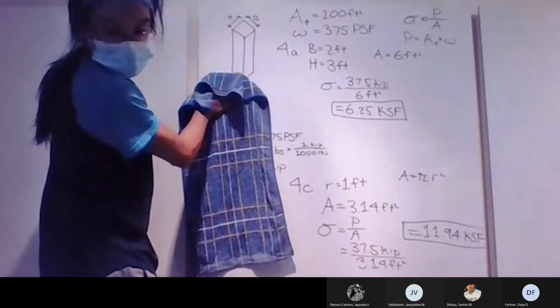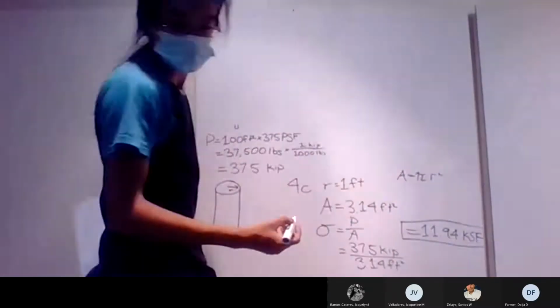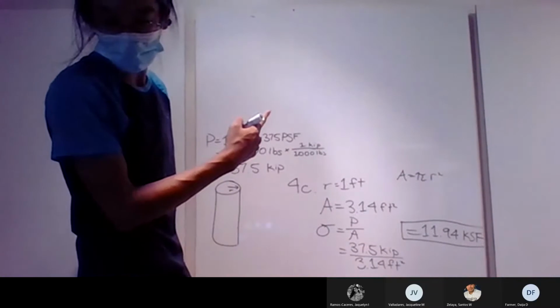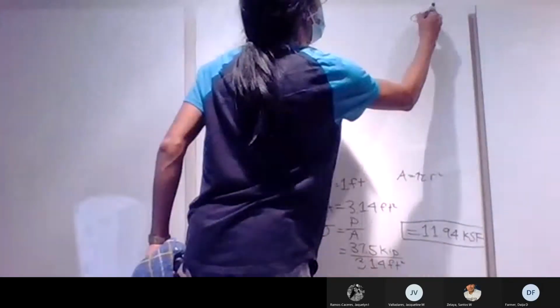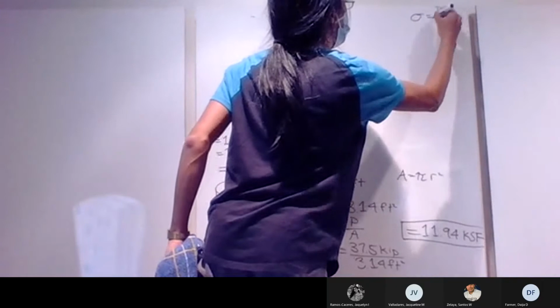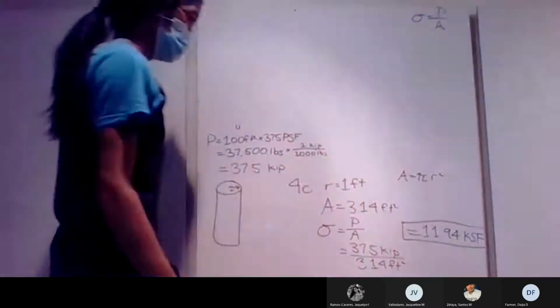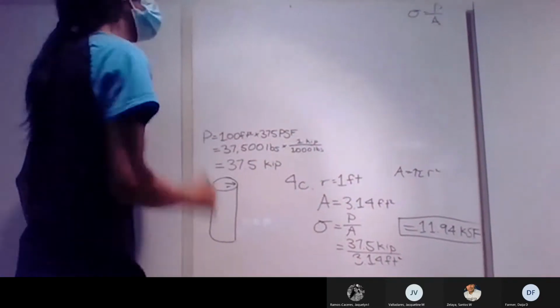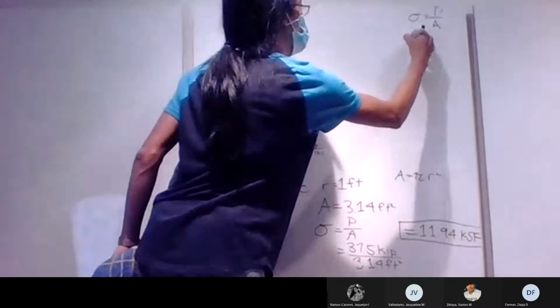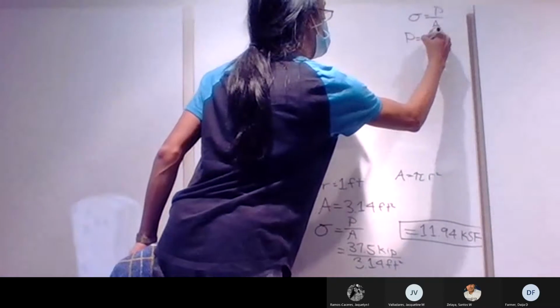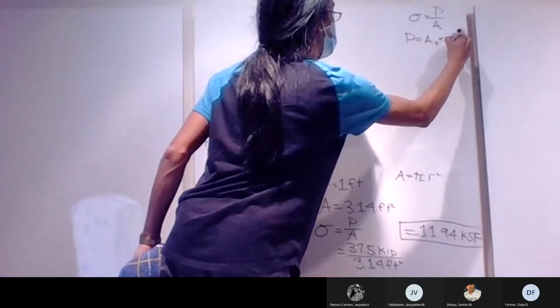Now we're going to do 4E. I probably shouldn't have to erase that. What was up here? I think you had your stress equals load over area, and then tributary area: P is equal to tributary area times load.